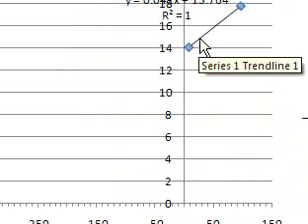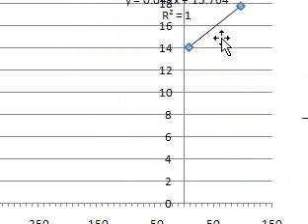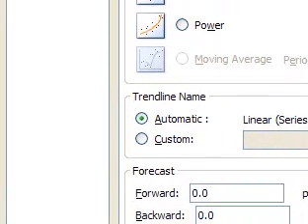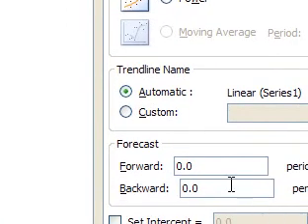Then I have to extend that straight line so that it actually hits zero where the pressure is zero, and that's where we should have absolute zero for the temperature.